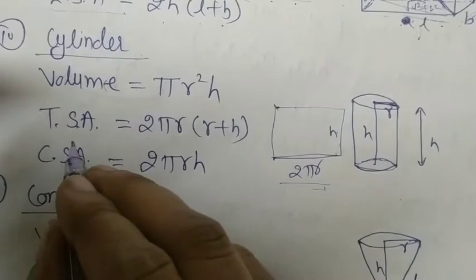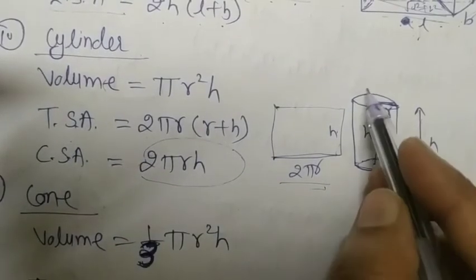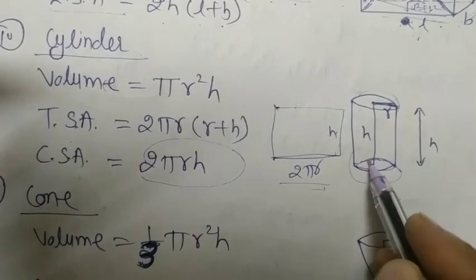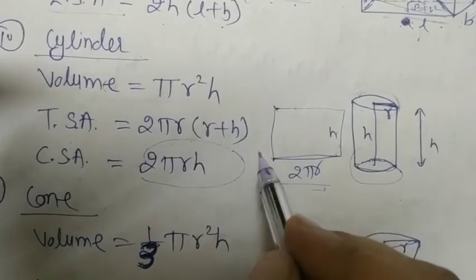And the total surface area is the curved surface area plus bottom and top. That will be 2 pi r (r + H).